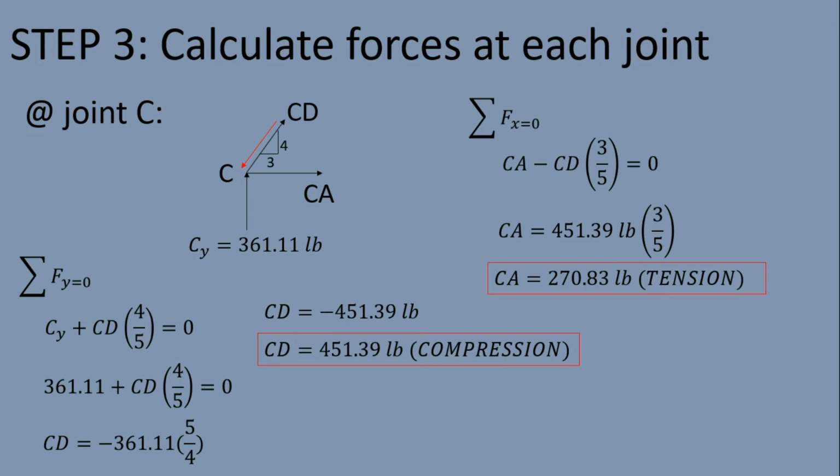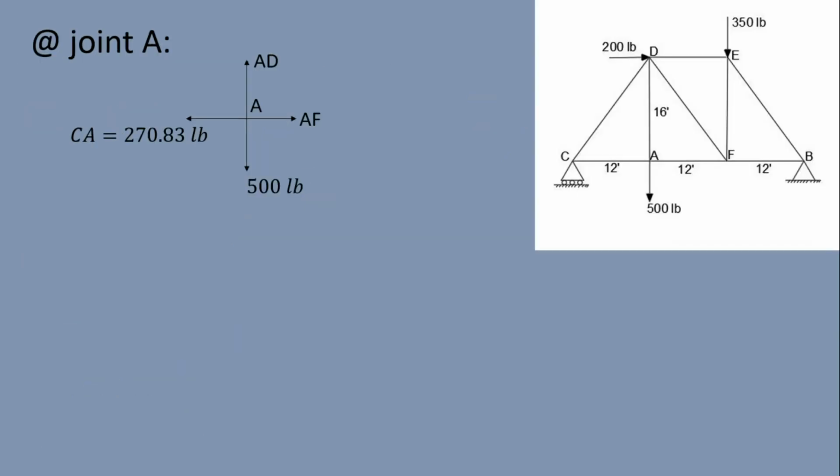So kung compression siya sa first point, sa ibang point, dapat compression pa din. Kung tension siya dun sa nakuha nating isang point, dapat tension siya dun sa kabila din. Hindi pwedeng mag-iba. So, for example, at joint A na tayo. So, at joint A, we have CA. Kagaya nito, yung CA natin ay tension. Kaya pahatak siya. From point A, hahatakin niya yun. So, that is tension.